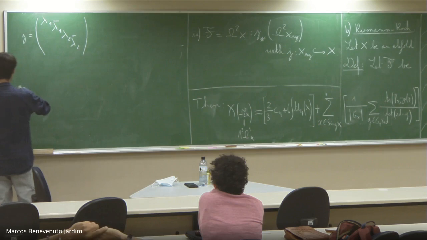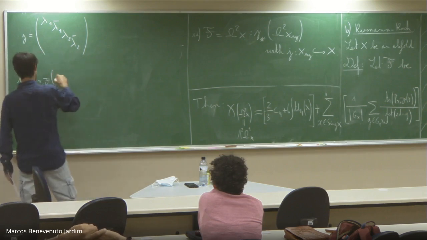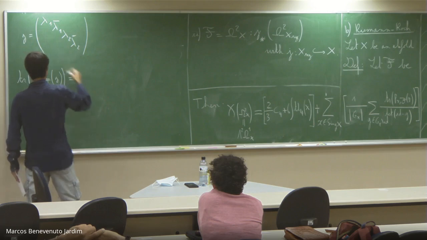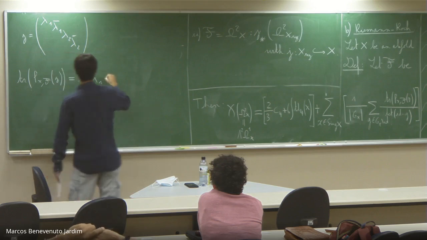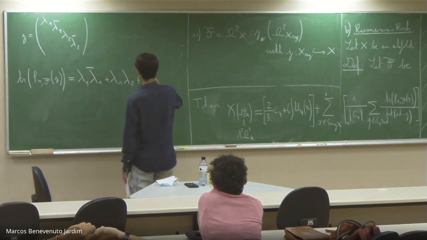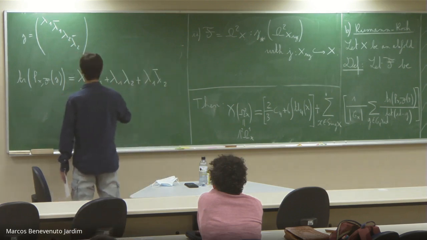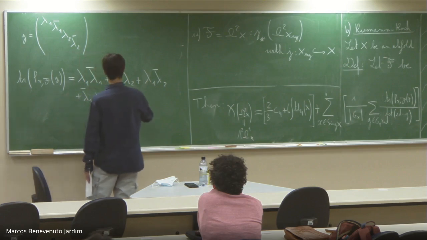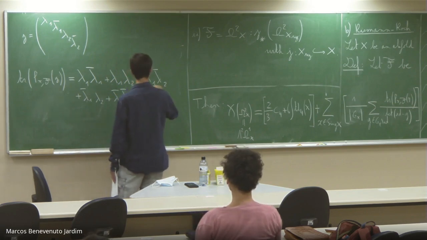So actually, the eigenvalue will just be all the products here. So lambda 1 times lambda 1 bar plus lambda 1 times lambda 2 plus lambda 1 times lambda 2 bar plus lambda 1 bar times lambda 2 plus lambda 1 bar times lambda 2 bar, and just what is missing, lambda 2 times lambda 2 bar.